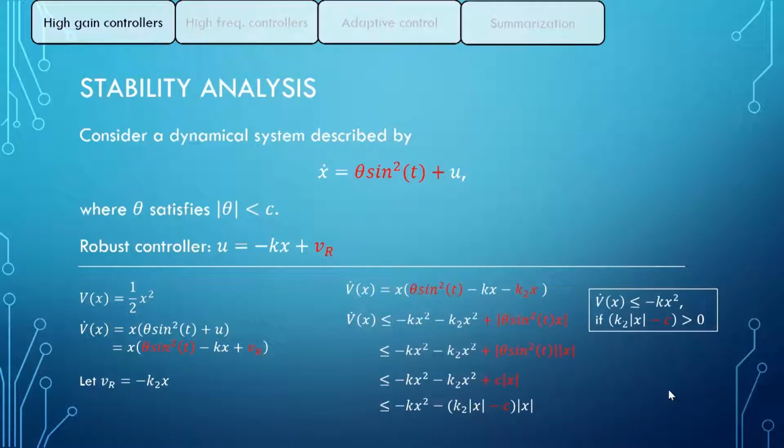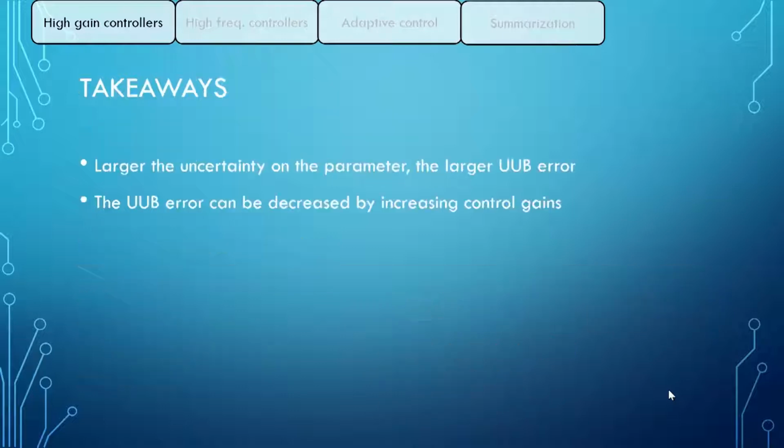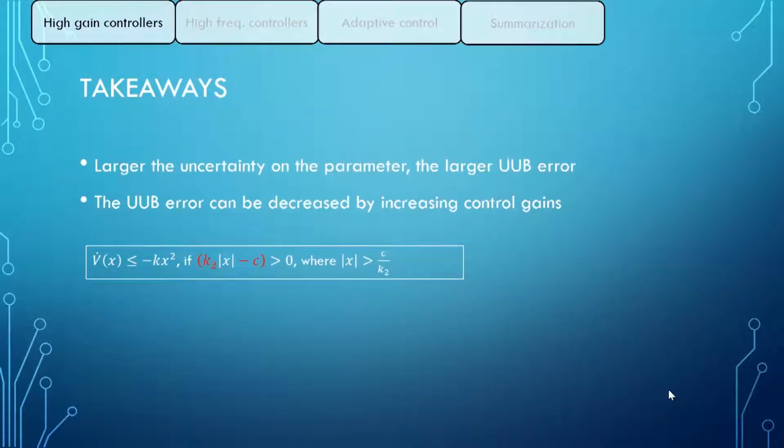We say vita is negative definite as long as this condition holds. It cannot always hold, right? As long as x first goes to zero or the trivial solution, as this x becomes smaller and smaller, this condition will break. So the takeaway is the larger the uncertainty on the parameters, the larger the error, right?